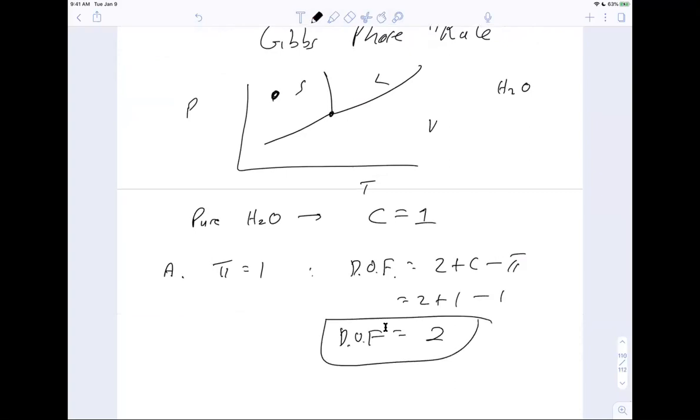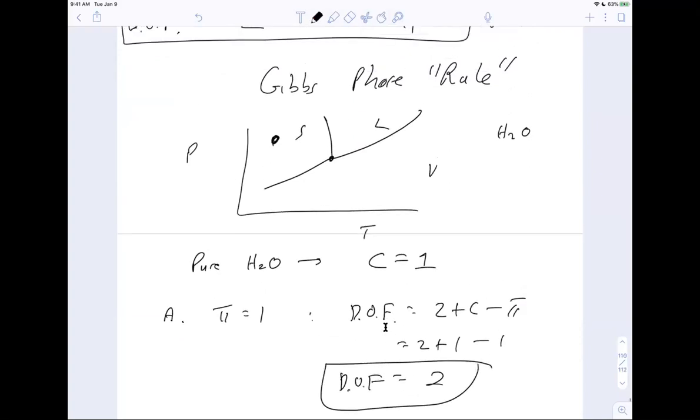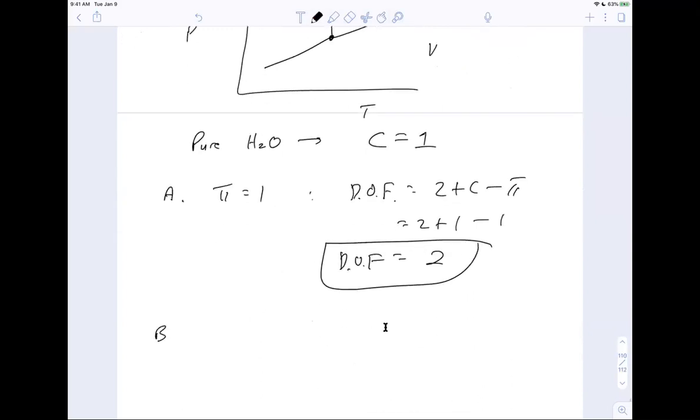Hey, wait a second, that's what we said before. So if you want to have solid water, you have 2 degrees of freedom. Any combination of temperature and pressure in the range is fine. That's awesome. So what about B? You want 2 phases, which is this coexistence. So we're going to have now pi equal to 2 phases: liquid-vapor, solid-liquid, solid-vapor.